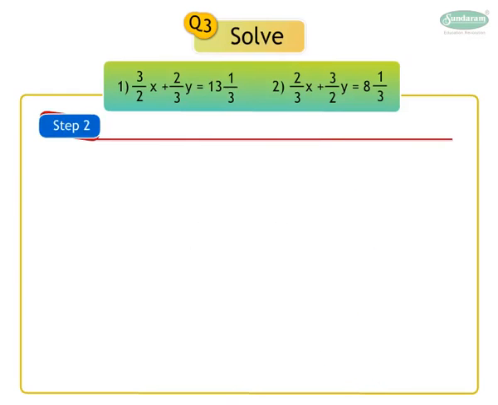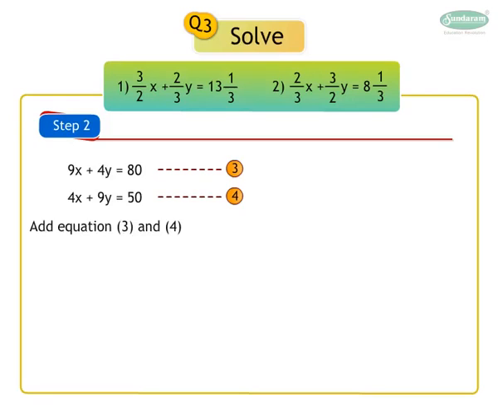Step 2. We now find the value of x + y and x - y using equations 3 and 4. 9x + 4y = 80. 4x + 9y = 50.